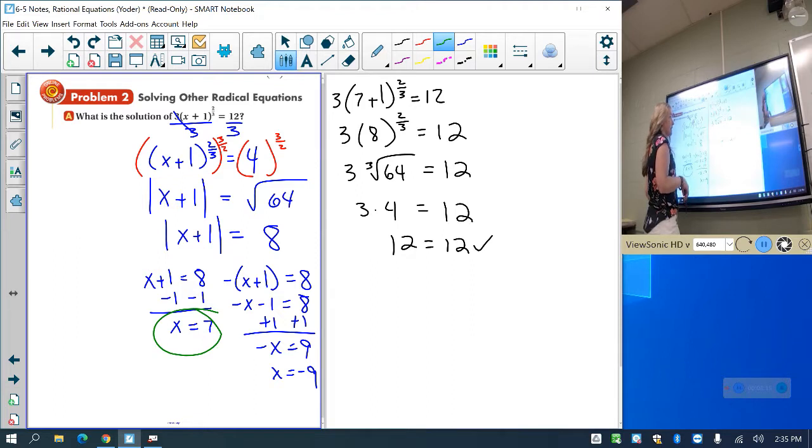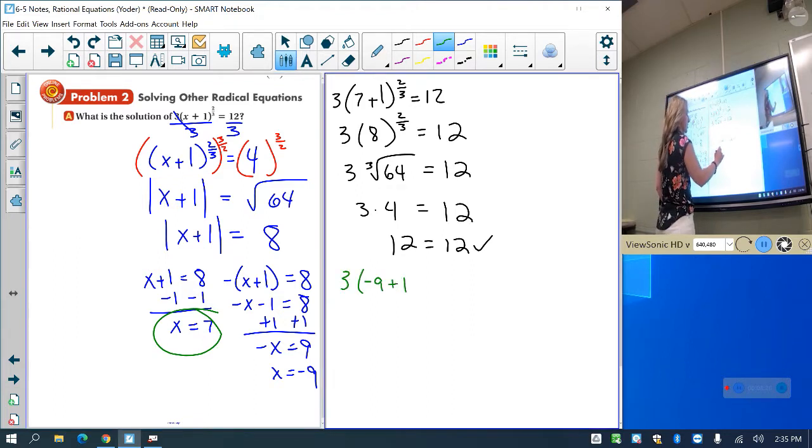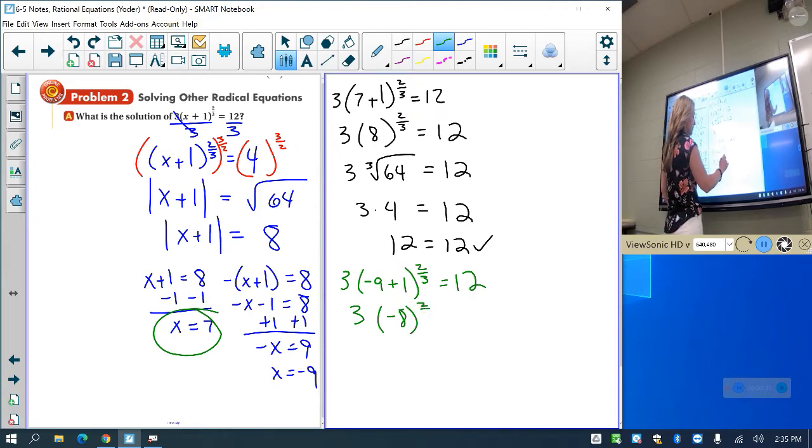X equals negative 9, so we have 3 times negative 9 plus 1 to the 2/3 power, 3 times negative 8 to the 2/3 power. Now, if you're not sure how to solve that, go ahead and plug it into Desmos, or use a calculator, or you can just say the cube root of negative 8 squared, change it to your radical form.